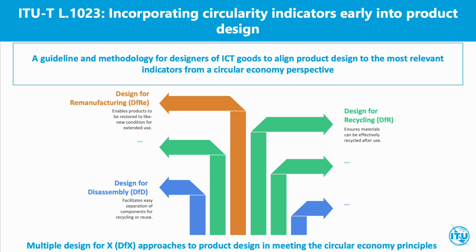Rather than only managing waste at the end of a product's life, this recommendation focuses on how we can make ICT goods more circular by design. It reflects a shift in standards, from end-of-life treatment to early-stage interventions that prioritize reuse, recycling, and resource recovery.